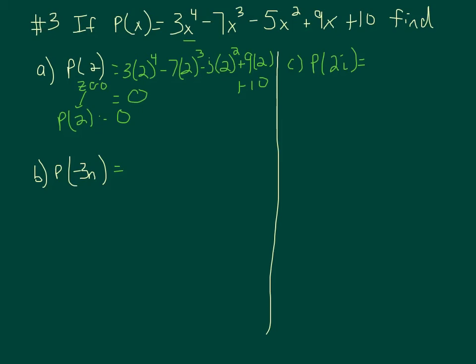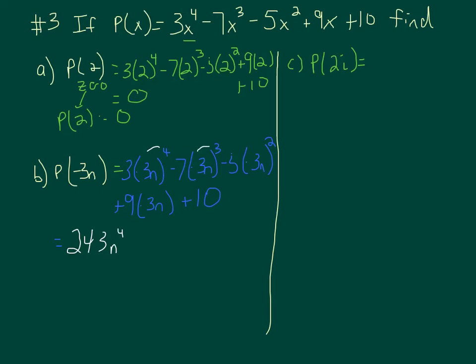So plug in negative 3n everywhere you see an x. So 3 times negative 3n to the 4th power minus 7 times negative 3n to the 3rd power minus 5 times negative 3n to the 2nd power plus 9 times negative 3n plus 10. And now just watch your order of operations and make sure you simplify. Negative 3 to the 4th is a positive 81 times 3 is 243n to the 4th power.